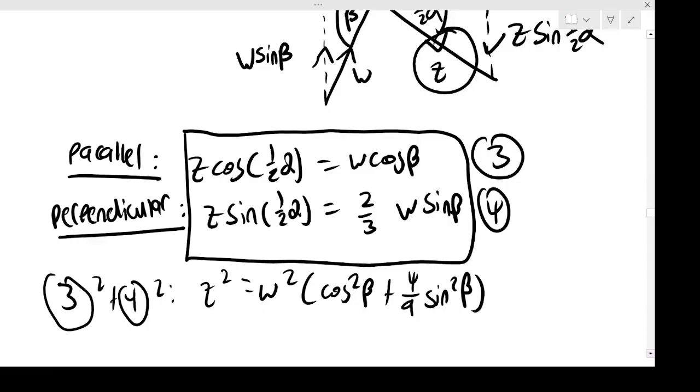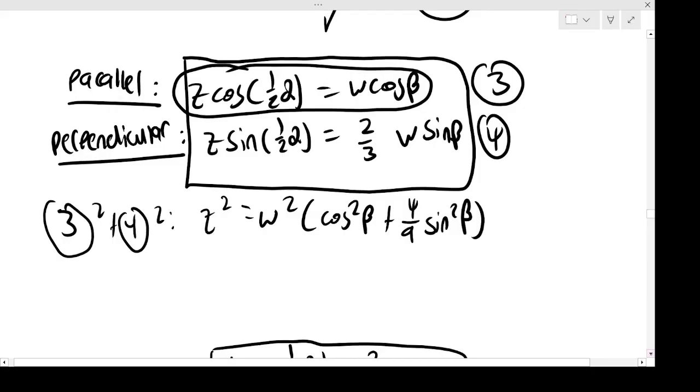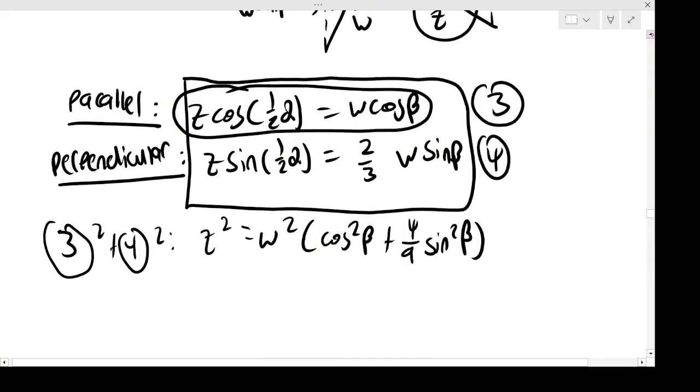Let's try and make things easier for ourselves, and actually, if we take a step back and think a bit more basic, let's just literally look at the equations. So if I look at the parallel equation, I have here that z cos of a half alpha is w cos beta, right?